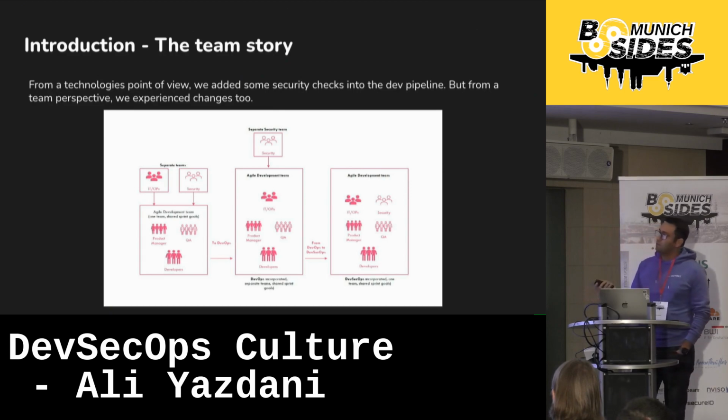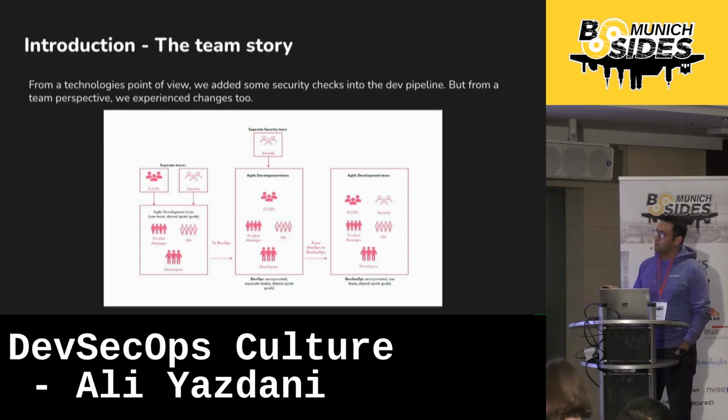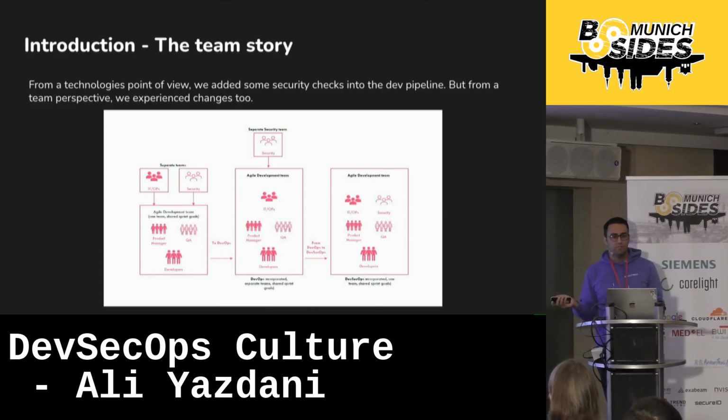But it's not just about the technology. From a technology point of view, we add some security checks into the development pipeline. But from a team perspective, we also experience some changes.